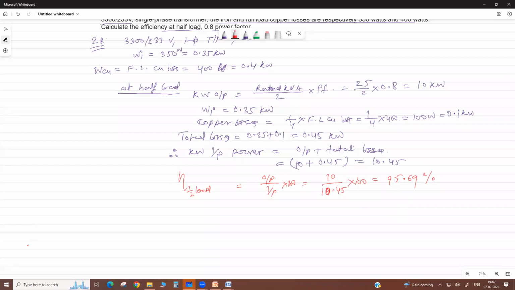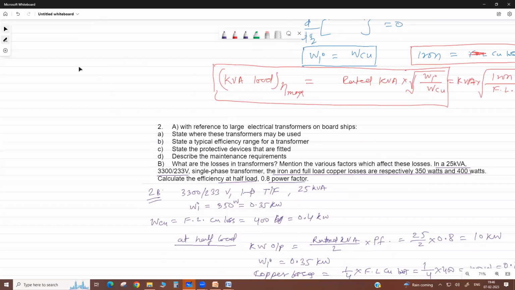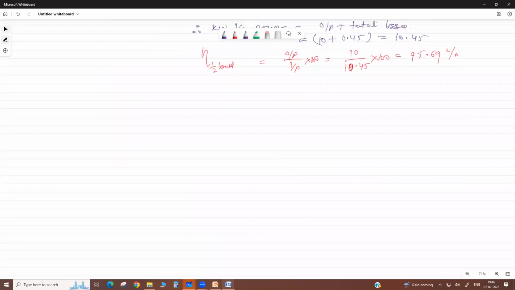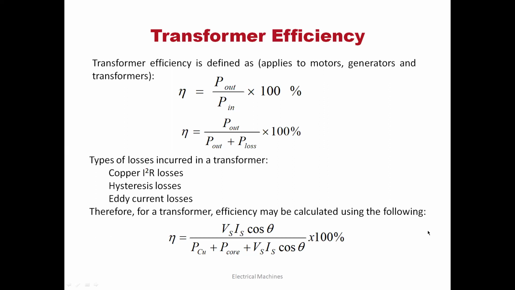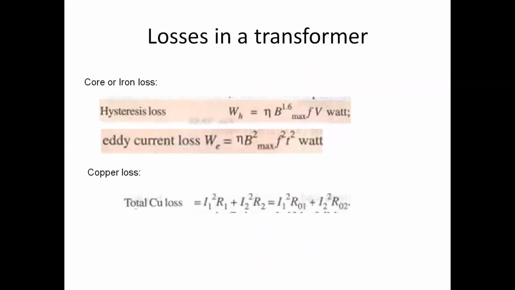Okay, dear. Any doubt? So this losses and efficiency regulation question you can solve. So this is the efficiency.